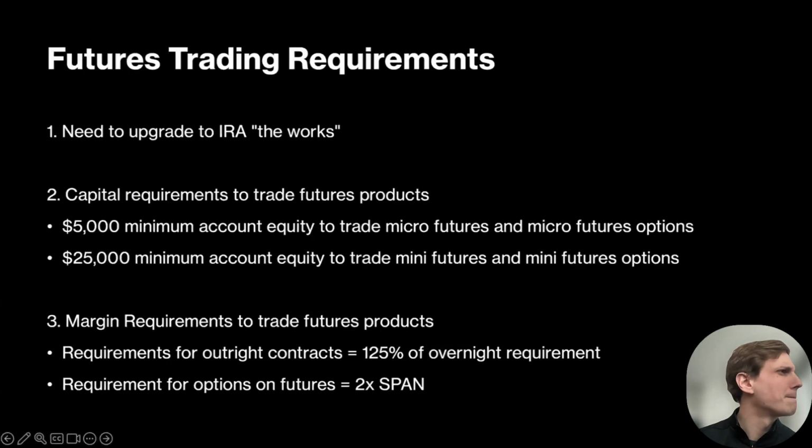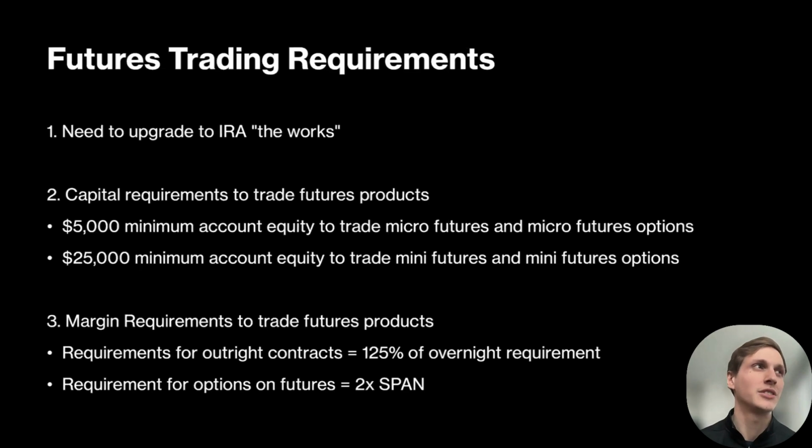Cool. And then while we're talking about futures, in terms of getting futures going, we need to upgrade to IRA The Works first. That was that first step. And then we can get futures live. And then the next thing is that when you are trading futures in an IRA, there are going to be capital requirements. You'll need to have at least $5,000 in equity in your account to trade futures and micro futures.